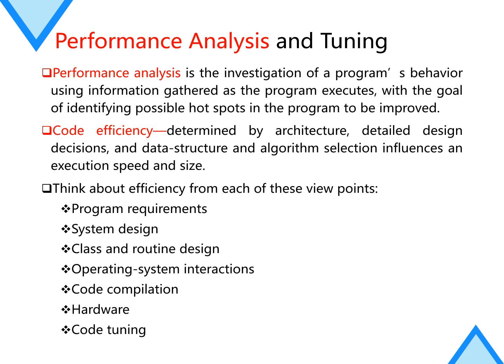During the program requirements we will think about how we can improve the code efficiency. During the system design we will also think about the efficiency. During the class and routine design we will also think about code reusability and code efficiency. During the operating system interaction, code compilation, and hardware, we will think about the code efficiency or the performance efficiency.